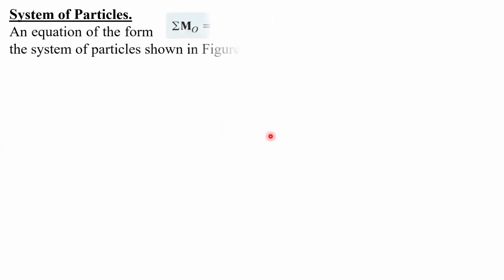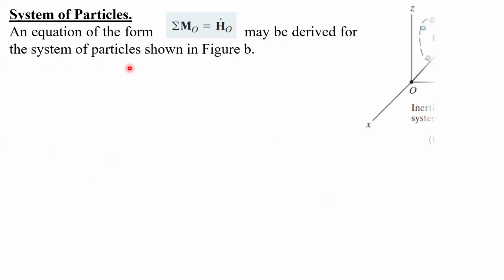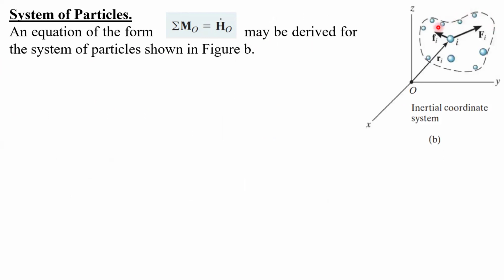Let's now look at a system of particles. An equation of the form summation M naught is equal to H naught dot will be derived for the system of particles shown here. We have particles moving randomly in a system.